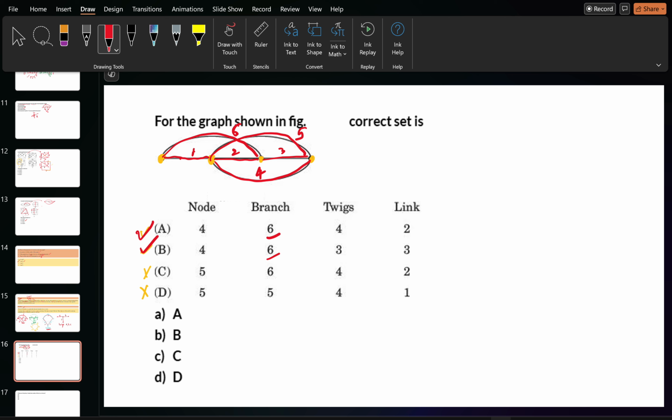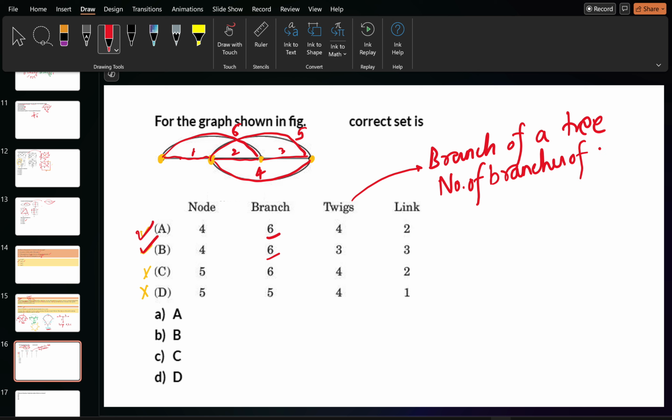What about the twig? I have told that the number of twigs is the number of branches of a tree. And for the number of branches of a tree, there is one formula I have given. The number of branches of a tree is equal to n minus 1, where n is the number of nodes. So here the number of nodes is 4, so that will be equal to 3.